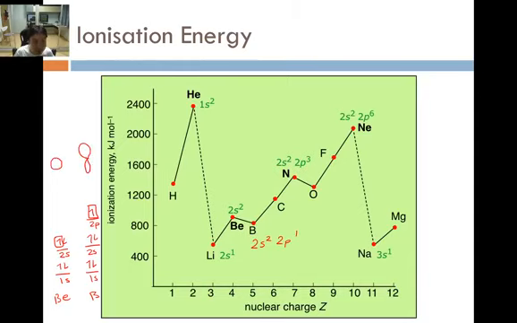Since the 2p electron is further away from the nucleus, it will be less strongly attracted to the nucleus. And since it's less strongly attracted, it will require less energy to remove as compared to beryllium. Hence, this explains why the ionization energy of boron is lower than that of beryllium.